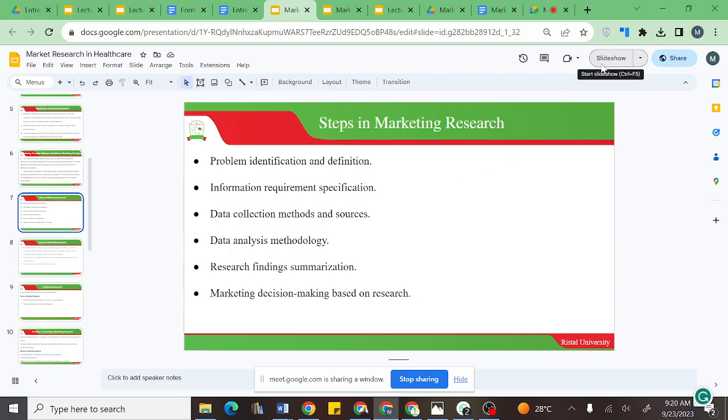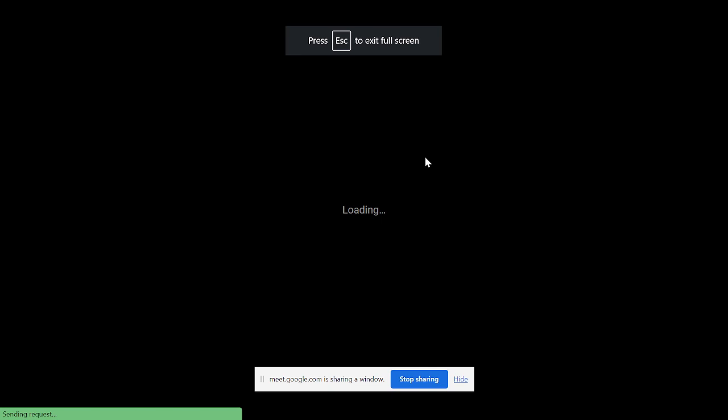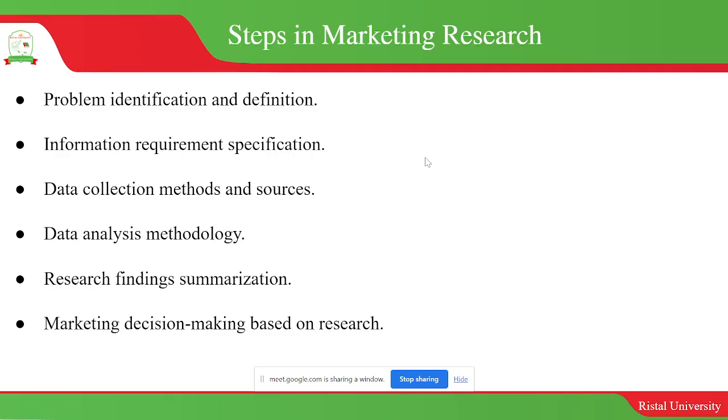Okay. So what are the steps of doing a market research? The steps, of course, you need to first identify what problem you want to address. The process is basically like what any other type of research that you carry out. We can have operational research, scientific research, whatever it is.